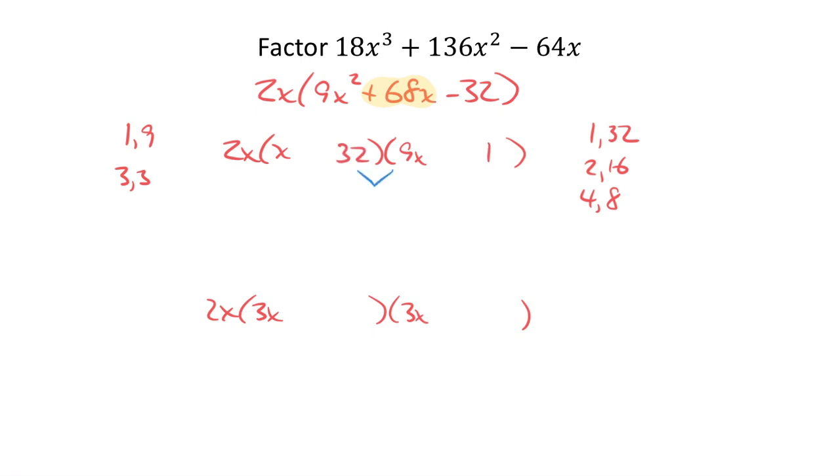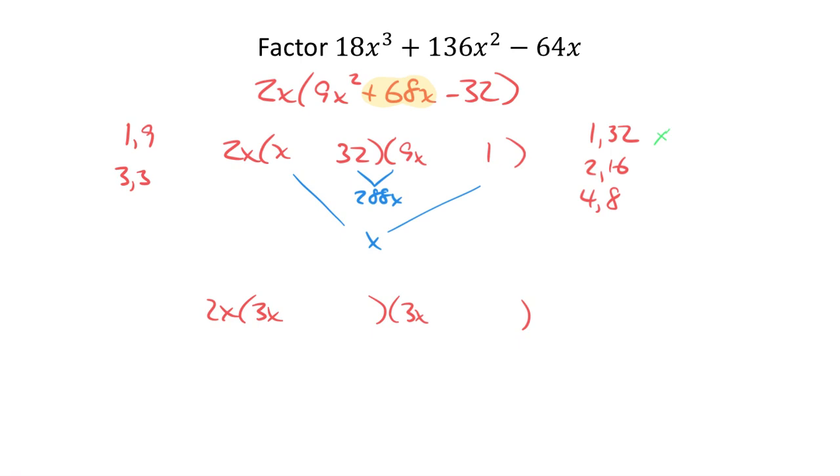Now when I multiply the product of the inner terms, we'll get 288x. X times 1 is going to give us x. The difference of those is 287x, not the 68x in the middle that we need. So that did not work for this particular pair of numbers. Let's cross that off. We got both of those combinations.